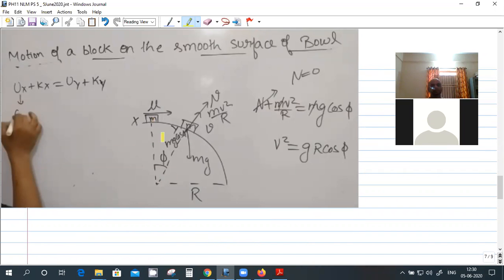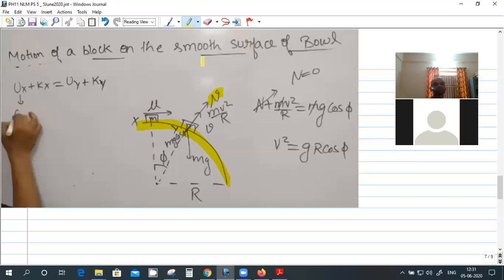You may not have this, because this is a second playlist, circular motion. See, there is a spherical surface like this. This is a circular track, and there is a mass on top of it. It's moving like this, and when it is about to leave contact, the normal reaction will be zero, right?